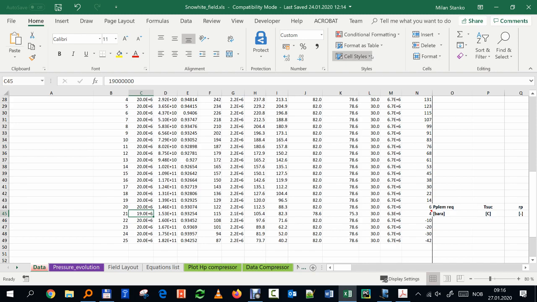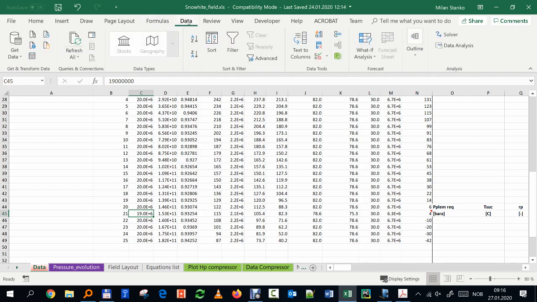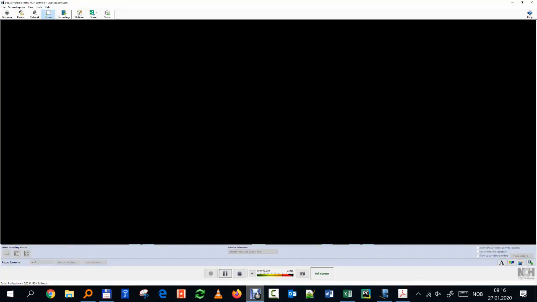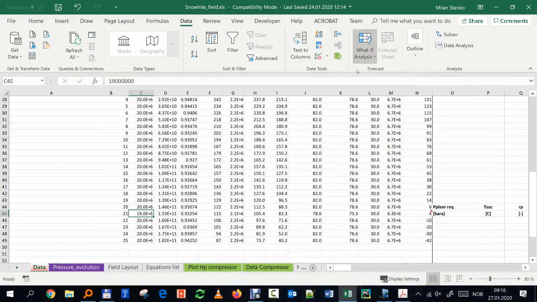The way we have done it in the past is we tell Excel to do it automatically for us, and there are two ways to do that. You can do it in data, what-if analysis, goal seek, yeah, still works.